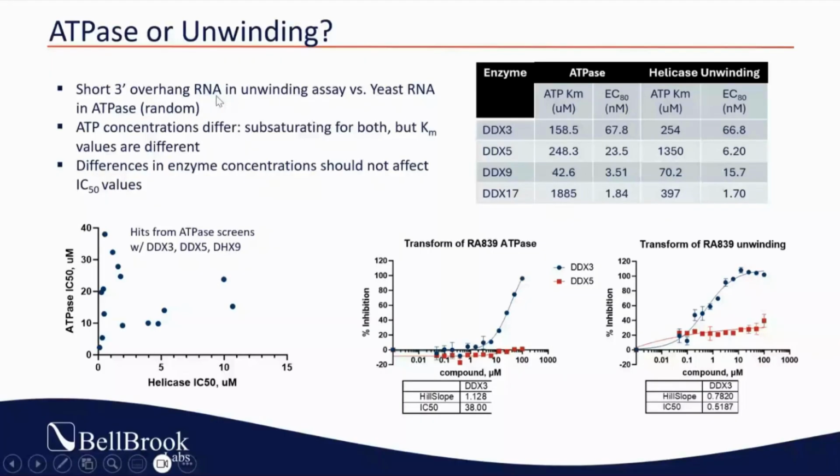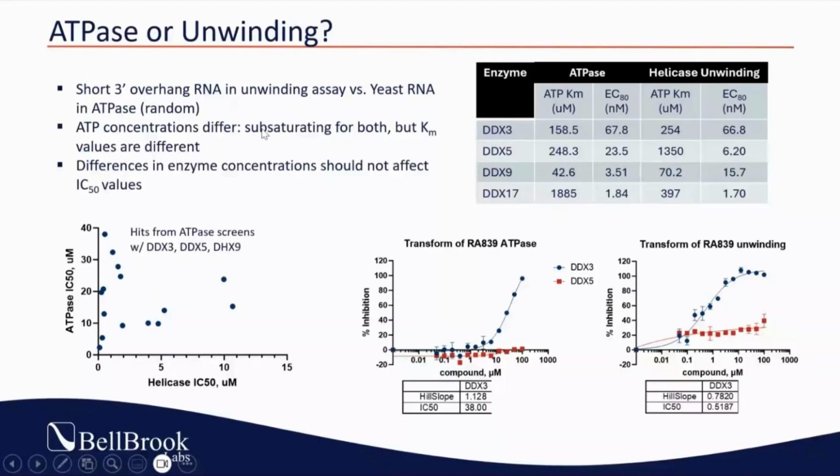I think that template strand is only about 30 nucleotides long. And so the piece we're displacing is 13 or 14 nucleotides versus just random RNA in the ATPase assay. So there's going to be a lot of long RNA in there and a lot of short and every kind of end. It's a little surprising to us that it actually supports the best catalytic activity for ATPase, but that's what we see.